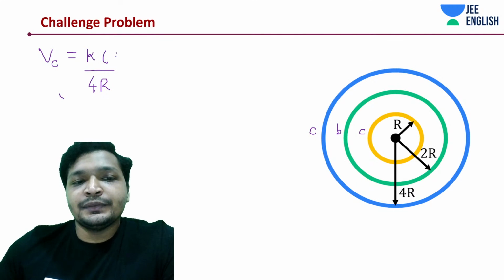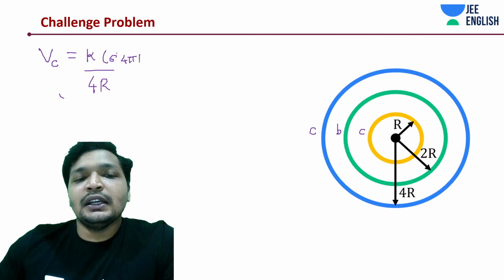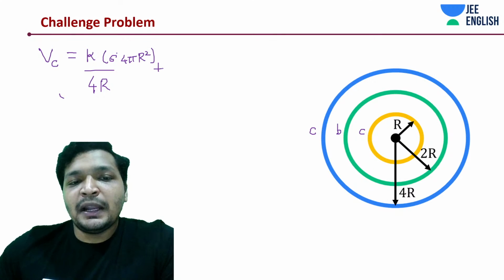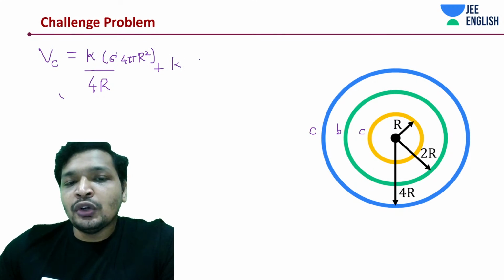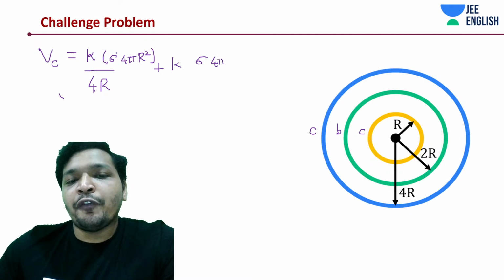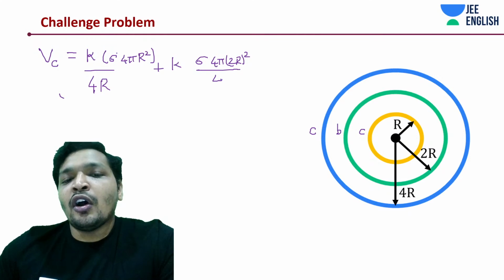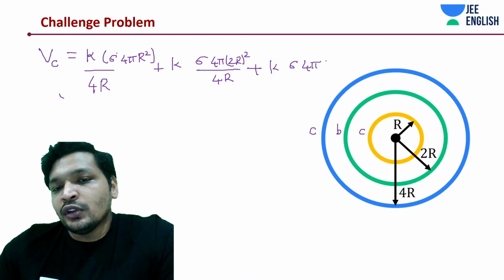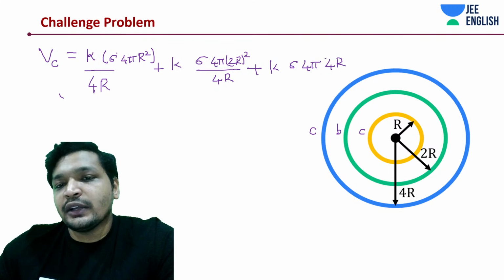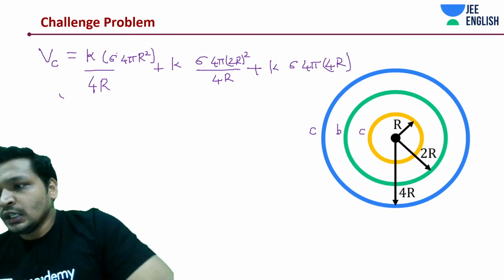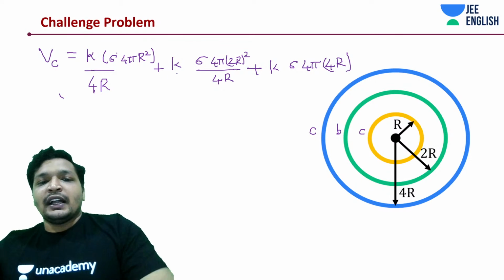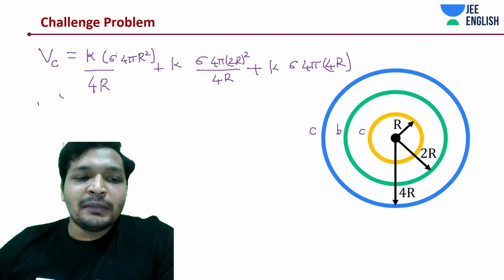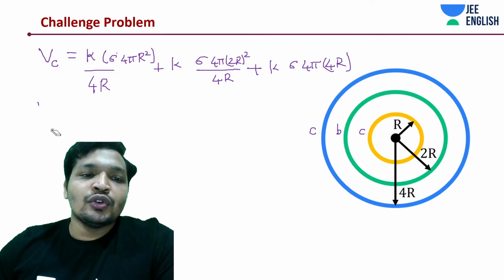It's sigma into 4 pi R square plus K into QB, which is nothing but sigma 4 pi 2R whole square divided by not 2R but 4R. Then it is K into sigma 4 pi 4R whole square divided by 4R, just like the earlier one, you'd get as 4R. So just add up these values and take out sigma as common. That is all you need to do.